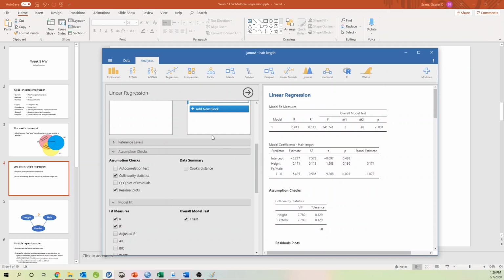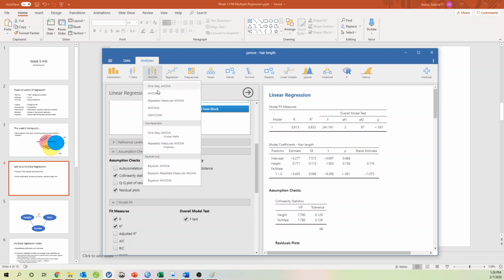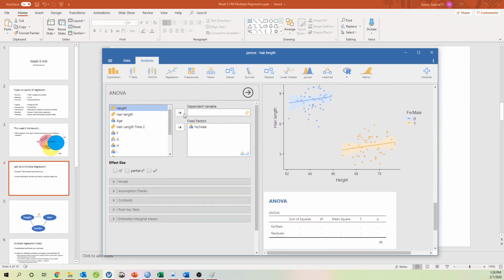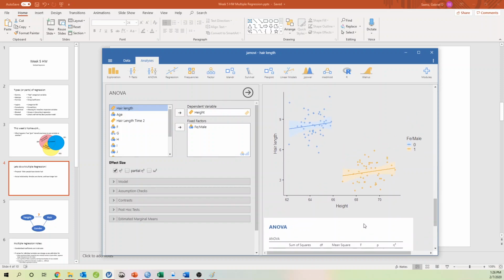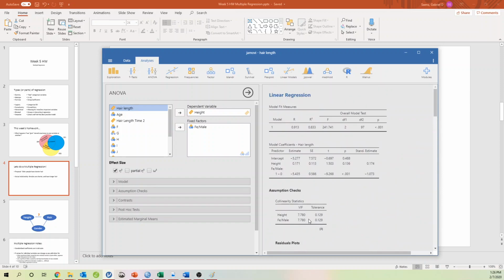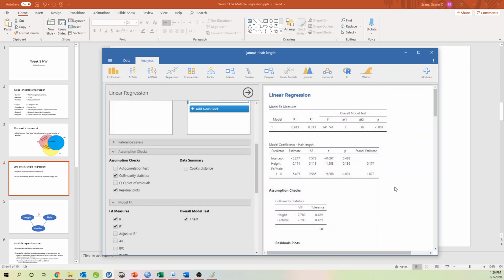If I do an ANOVA to just check, okay, is there a relationship between gender and height? Yep, there's a relationship there. In fact, it's a pretty big one. So we know that those two are pretty strongly associated to each other. Not strong enough for it to be an assumption problem, but strong enough that including one variable is going to affect the other variable pretty substantially.